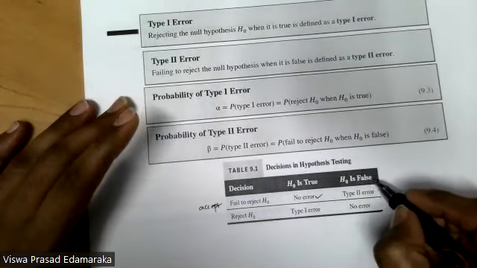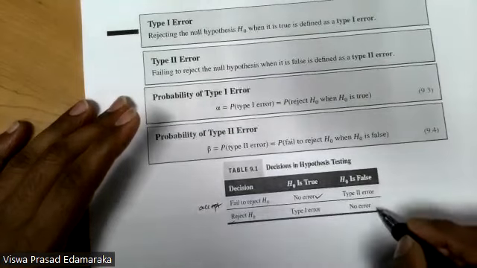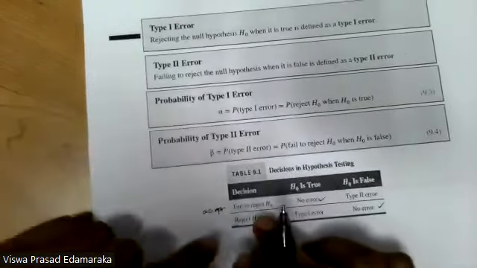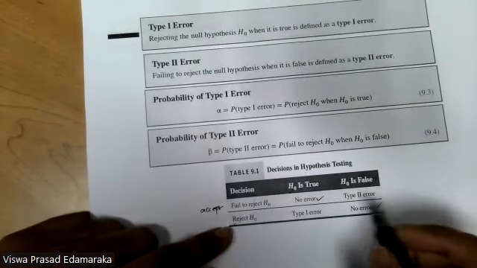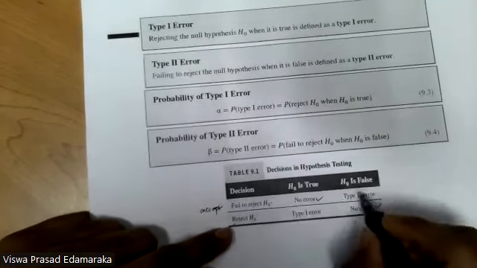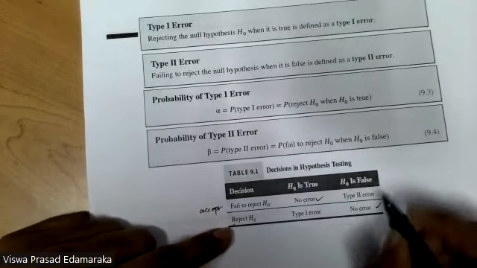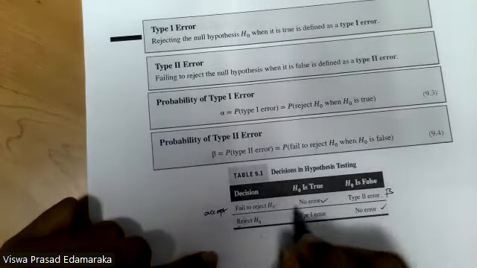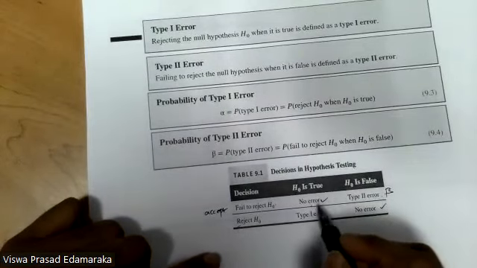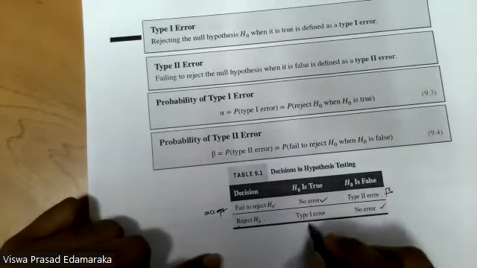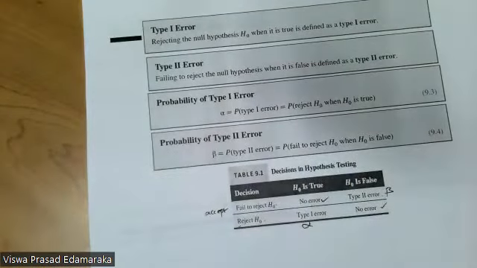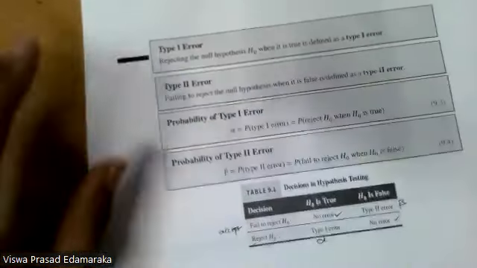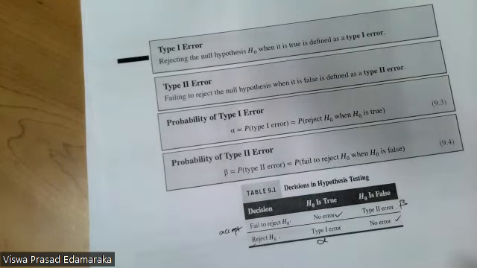Whereas null hypothesis is false and you are rejecting, that is also no problem. You are taking a good decision. But if you have accepted the null hypothesis, but H0 is false, that is called type 2 error, indicated by beta. If null hypothesis is true, but you are rejecting, that is type 1 error, that is alpha. This is the basic information regarding type 1 error, type 2 error.